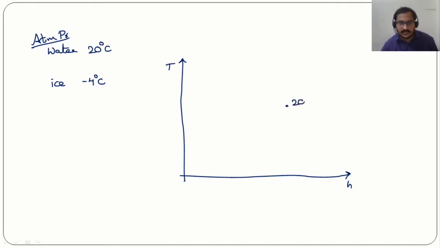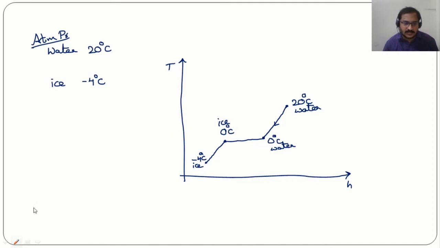Initially at 20 degrees centigrade water is there. Now this water temperature has to be reduced to 0 degrees centigrade. Then at 0 degrees centigrade there will be a phase change from water to ice. Then if this is further cooled, the temperature goes down to minus 4 degrees centigrade ice.